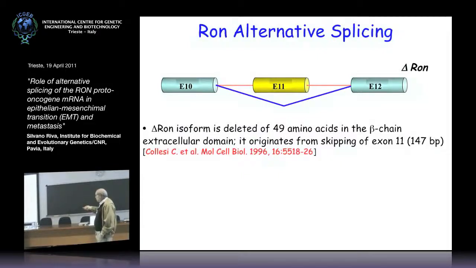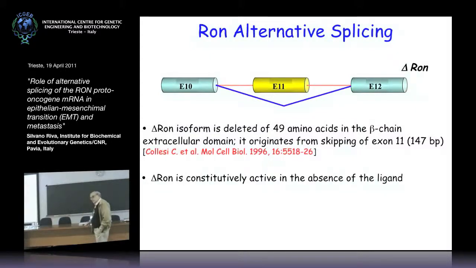But the deletion of this very tiny exon had a profound effect because it removes the proteolytic site that splits the precursor into alpha and beta, and so you don't have the processing, and as a result, this form called delta RON is constitutively expressed, also in the absence of ligand.